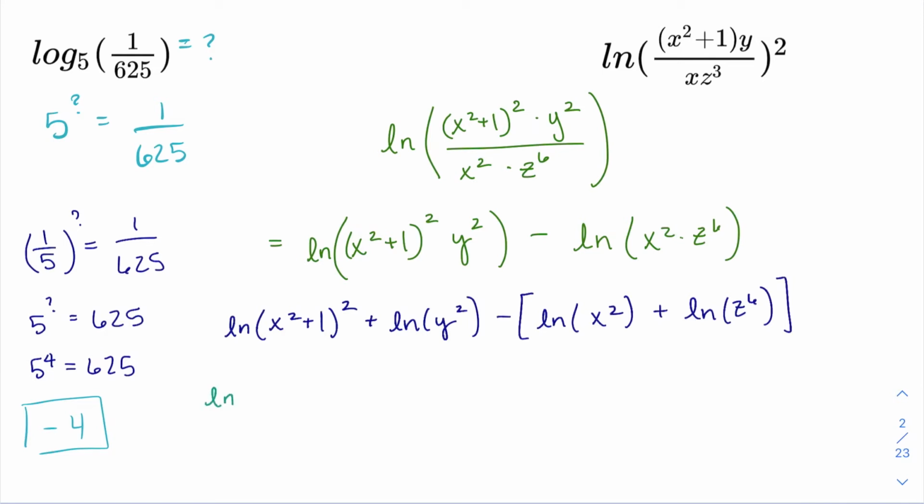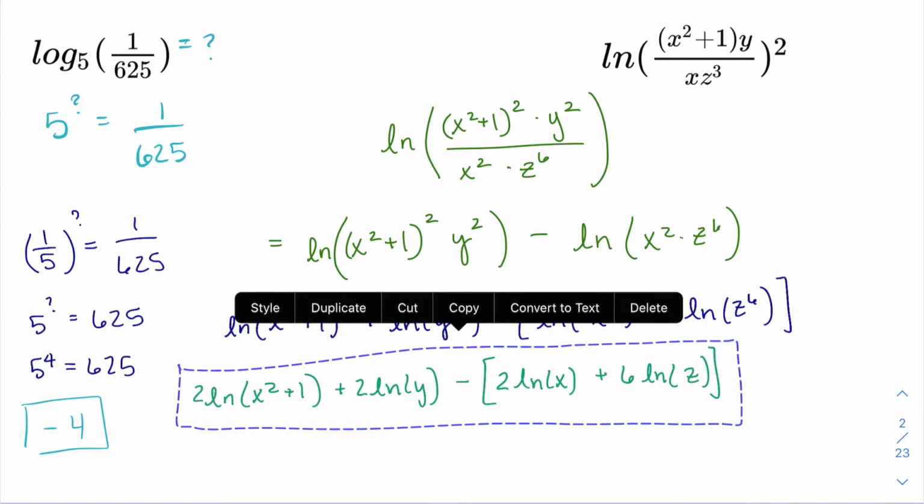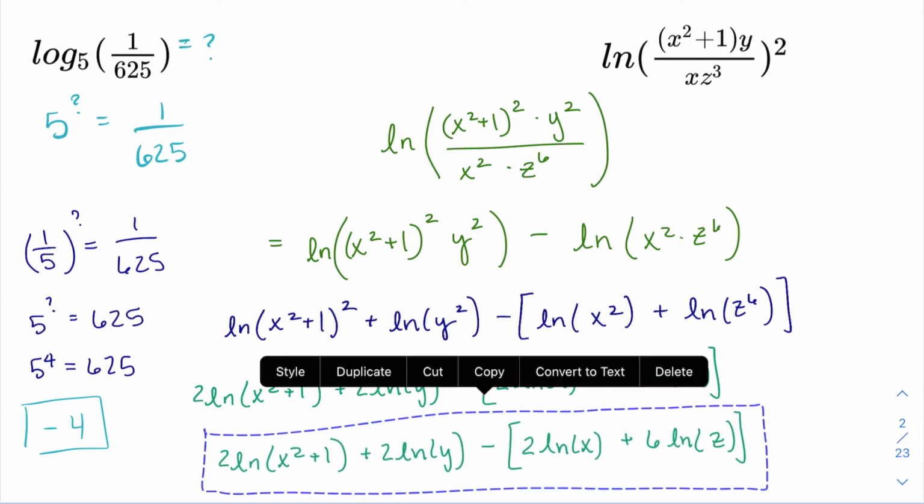So this will be 2 times natural log of (x squared plus 1) plus 2 times natural log of y, minus 2 times natural log of x plus 6 times natural log of z. Okay, you could distribute in the negative sign if you wanted to, but you don't need to, and I wouldn't.